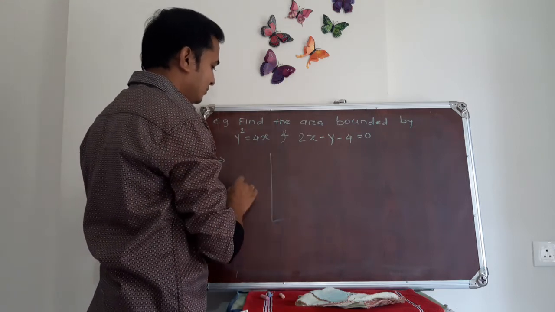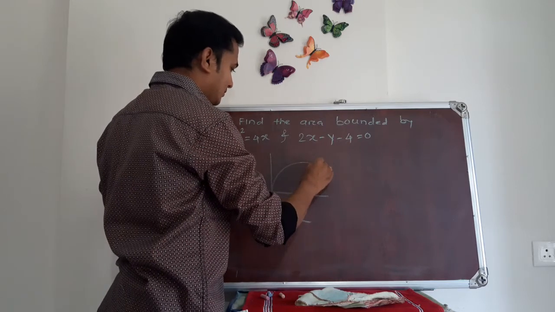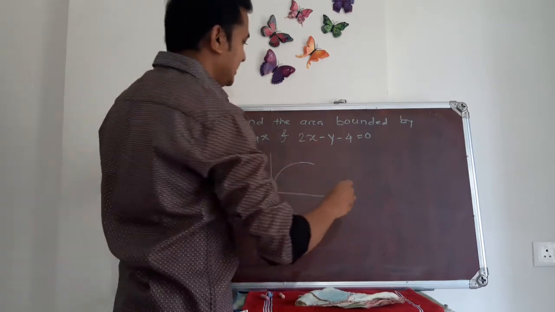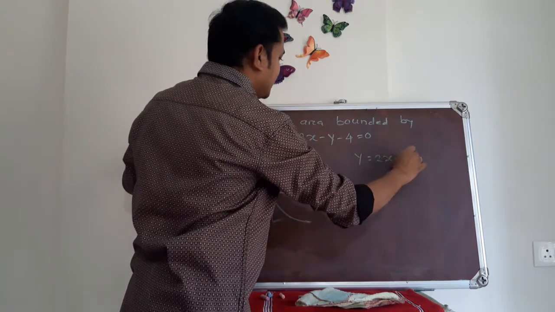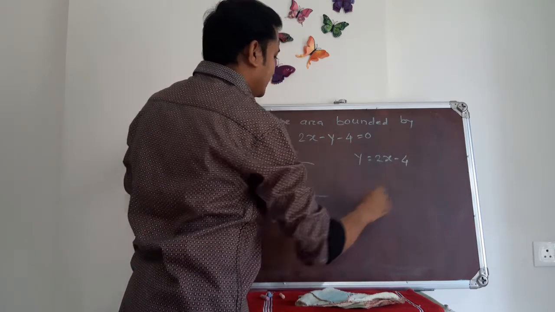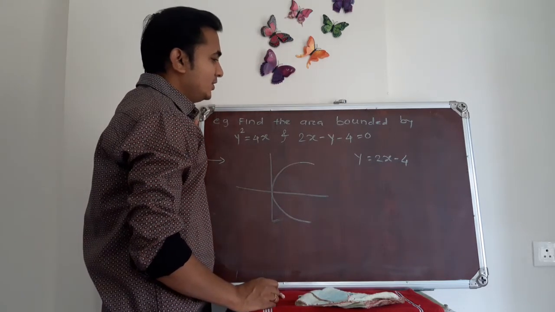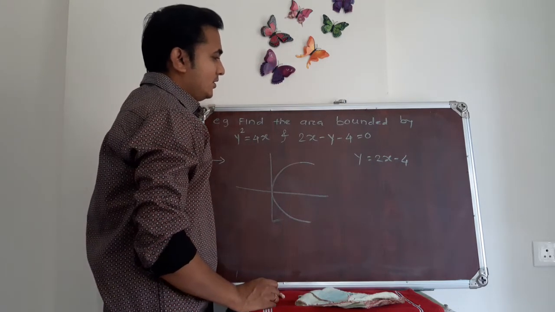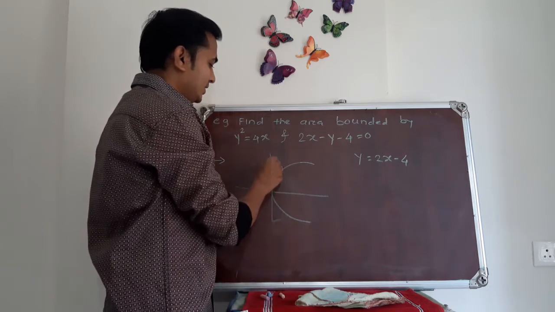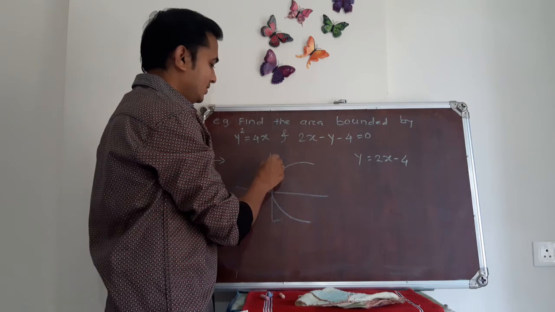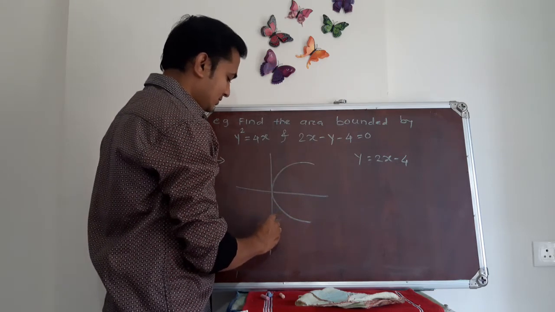Y square equal to 4x, and let us draw this line. So y is equal to 2x minus 4. Okay, so when x is 0, y is minus 4, somewhere here.